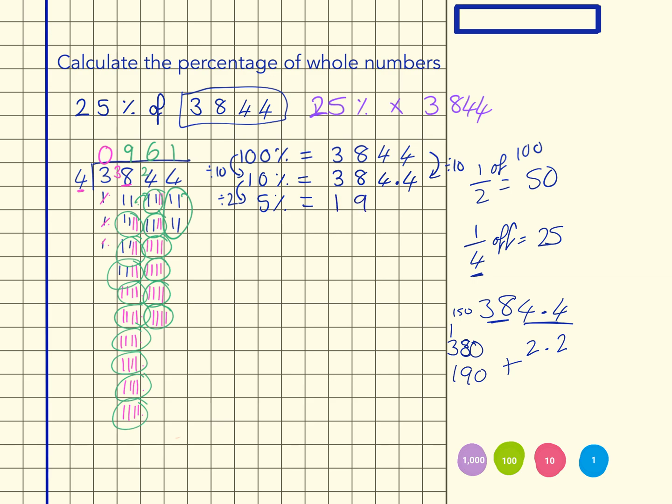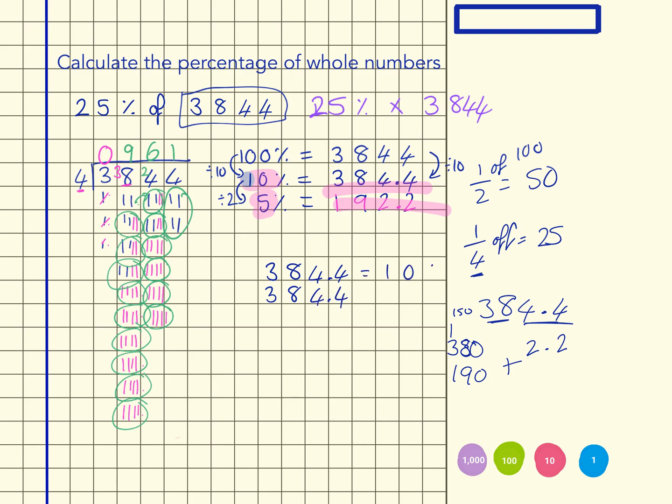So 192.2. Now let's just highlight these. I know what 10% equals, and I know what 5% equals, because those numbers are over here. From that, I can work out what 25% equals. If I take 2 of the 10% up here, I have 384.4 and 384.4.